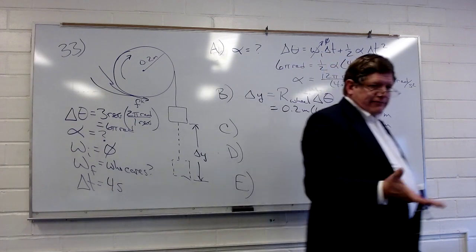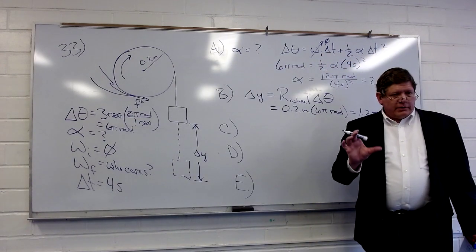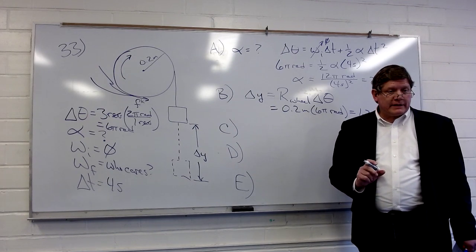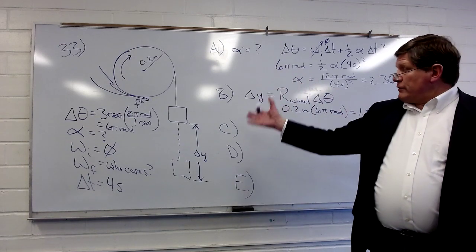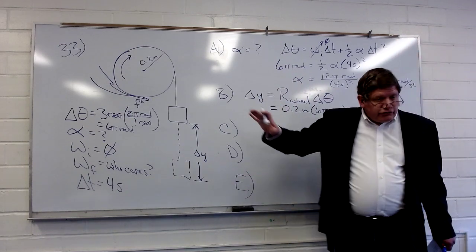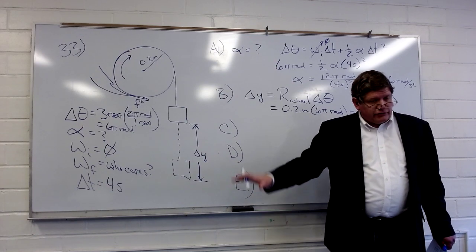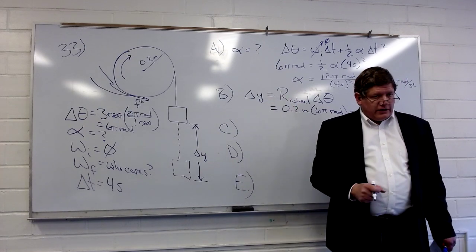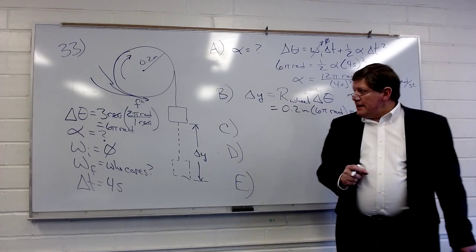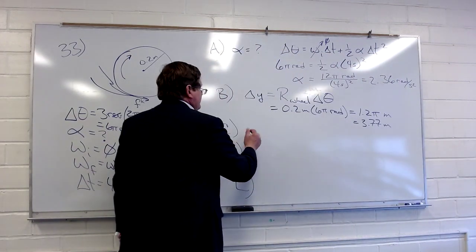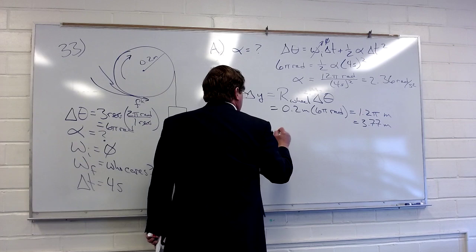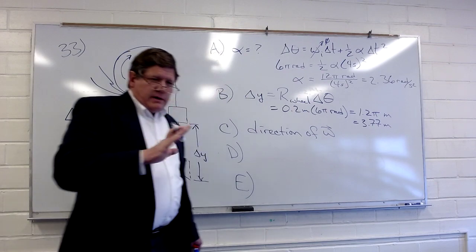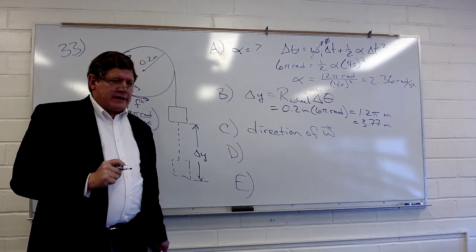Now, as a result of that friction by the hand, the block that was moving fairly rapidly begins to slow. So if the block is starting to slow in its linear motion, it's dropped towards the floor, then the wheel is starting to slow in its rotational motion. Okay? Now, part C asks us for the direction of omega during this time during which the wheel is slowing down.